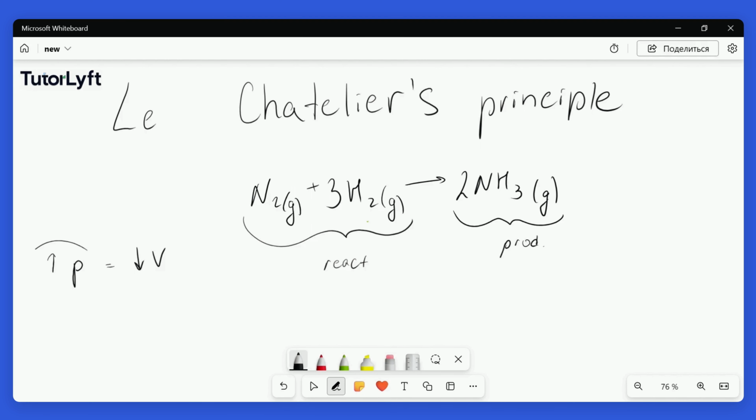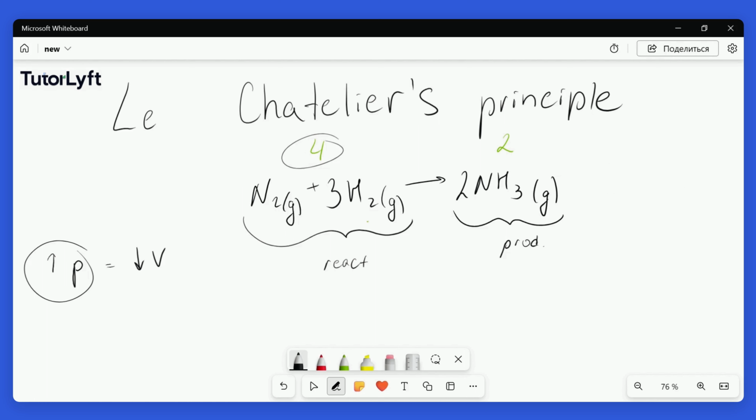So right now, let's talk about increasing the pressure. If we talk about pressure, we have to talk only about gases. So imagine if you had, let's say, a liquid, it wouldn't count. We only count moles of gases. So on the left side, we will have 4 moles of gas. On the right side, we will have 2. Of course, it doesn't count because it's not in the equation, but I'm just giving the example.